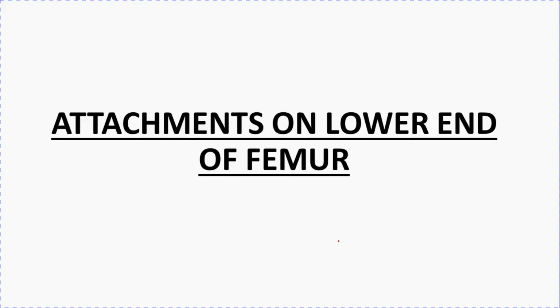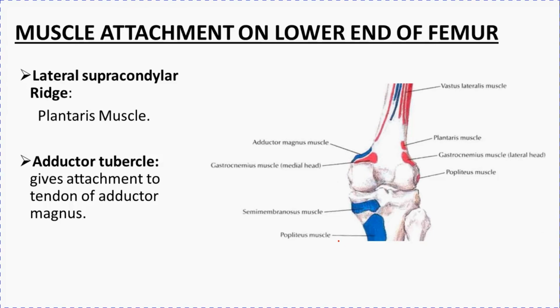Now we will discuss the attachments on the lower end of the femur. The lower end of the femur has supracondylar ridges. The lateral supracondylar ridge gives attachment to the plantaris muscle. Look over here.